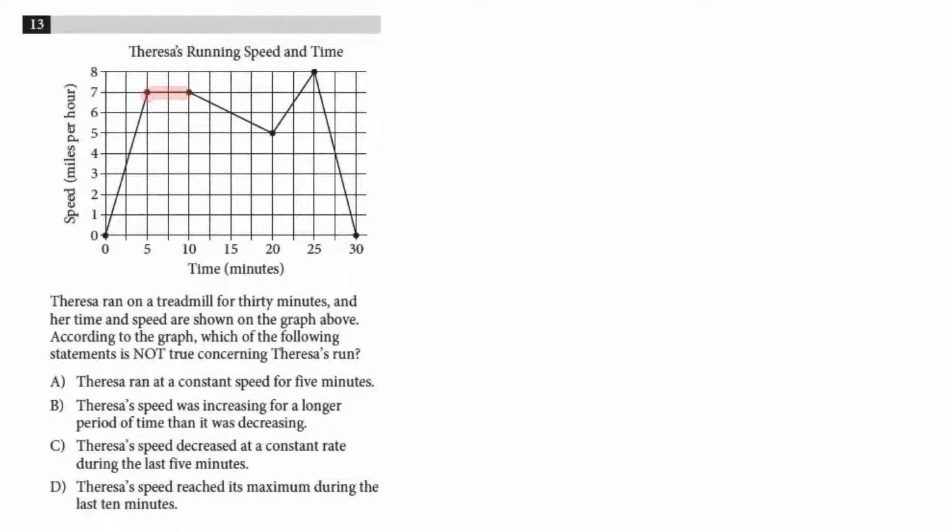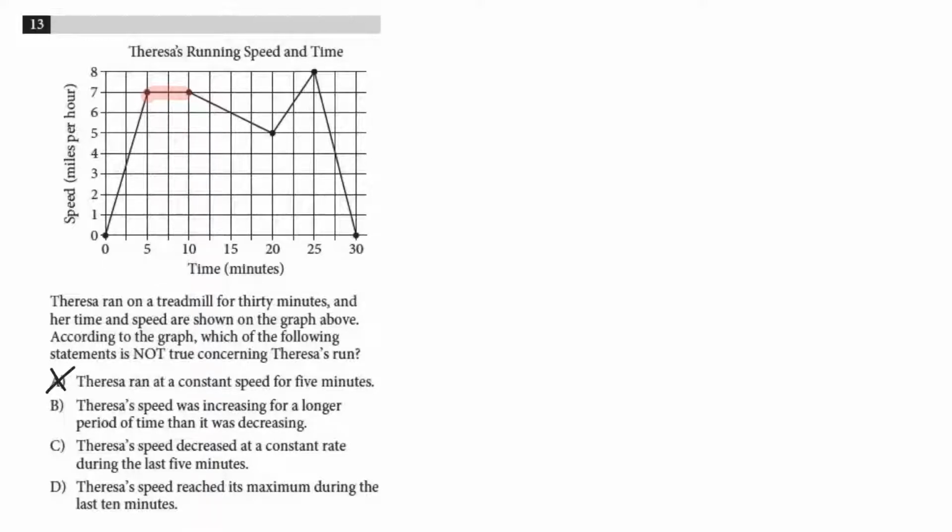So A is not true. Okay, so A is not our solution. All right. B, Teresa's speed was increasing for a longer period of time than it was decreasing. So increasing for a longer period of time than it was decreasing.